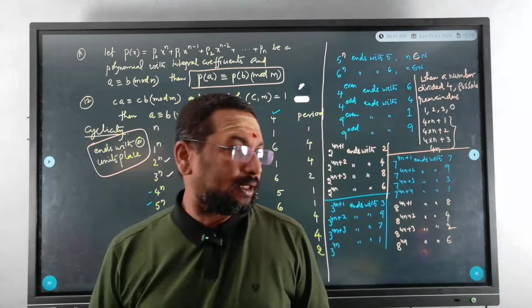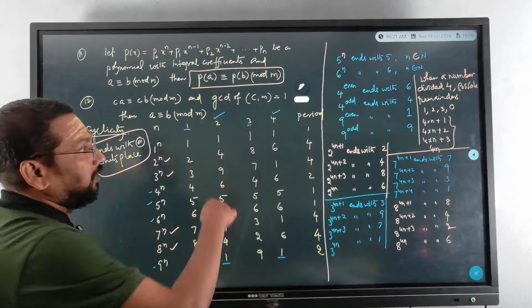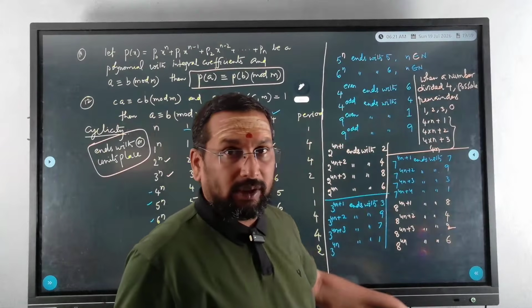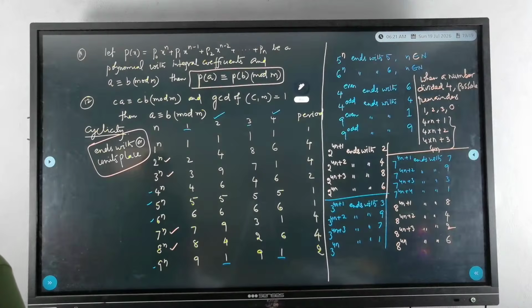So all of you write down the cyclicities. First you have to write this in tabular form and then these values. Then we'll go to the exercise. Make it fast, all of you.